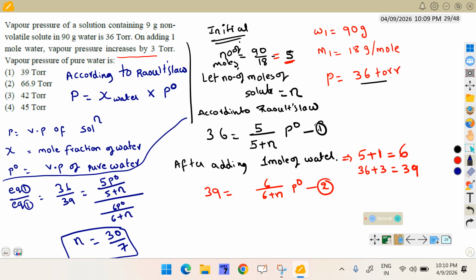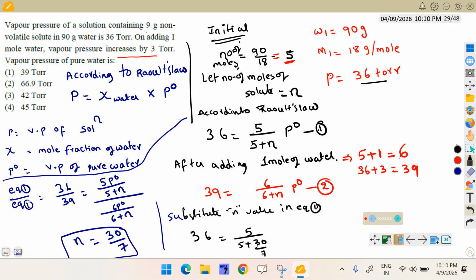Now substitute the n value in either equation 1 or equation 2. Substituting the n value in equation 1, 36 is equal to 5 by 5 plus 30 by 7 into P naught. The question is the vapor pressure of pure water. Simplify, then you will get P naught is equal to 66.9 torr.